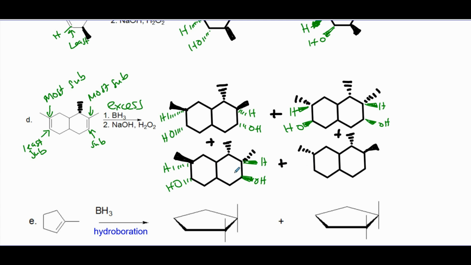And here we are adding opposite of this, so we are adding from the top face to your left. Regiochemistry: H ends up where there's a more substituted carbon of the sp2 carbon on the alkene, and here we are adding from the bottom face. So those are the four possible products.